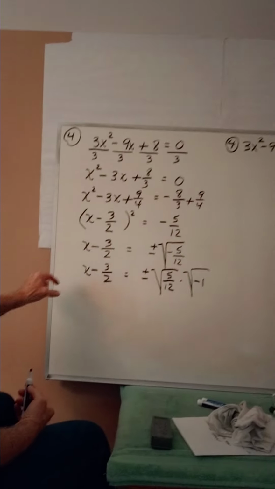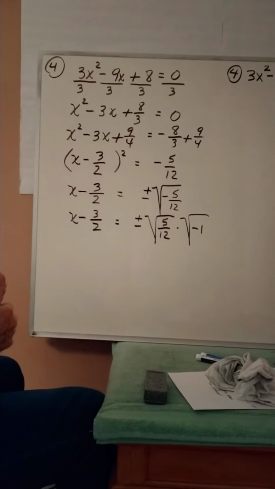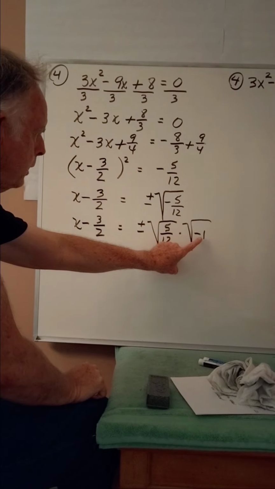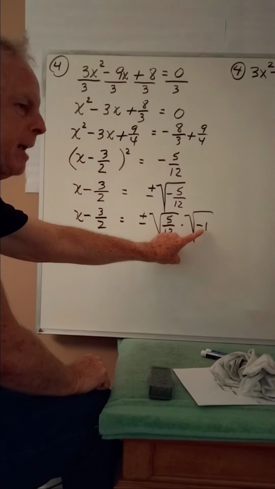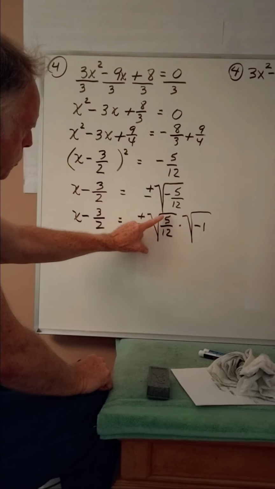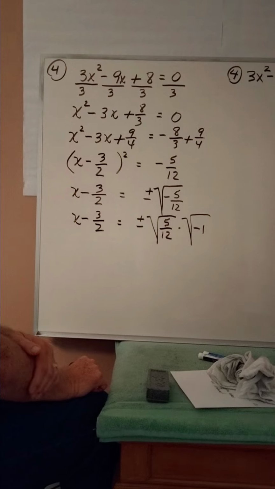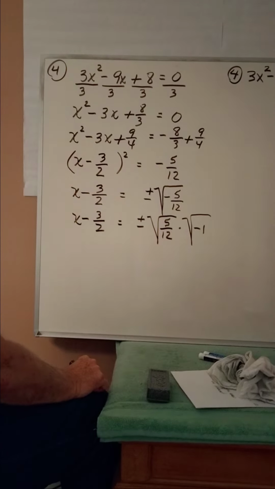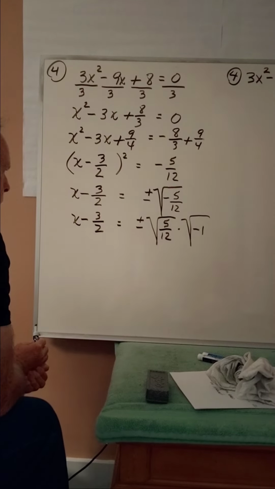Now folks, here's what I'm going to do with the limited space that I've got as we just step back and look at this. We know that this negative 1 is going to be translated to the variable i, the imaginary unit. That the radical of 5/12 is certainly going to have to be simplified. There's a few different things that are going to have to be done with this. So I'm going to set up the next steps somewhat like this.